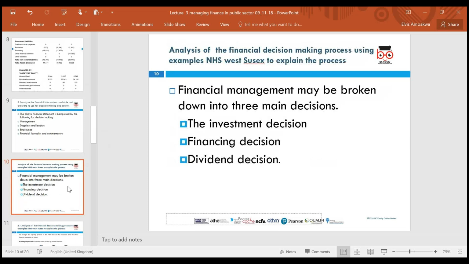Now, financial management is broken down into three main types of decision. One, we have investment decision, financing decision, and dividend decision.